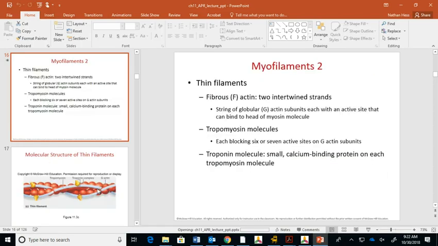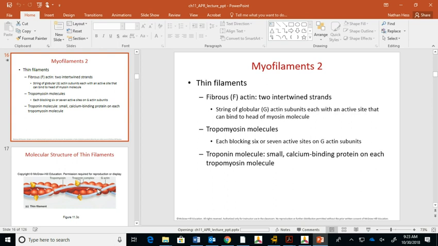The actin guys are intertwined with two different types of proteins, tropomyosin and troponin, and we'll talk more about these when we talk about how muscles actually work. But those actin have what we call active sites.